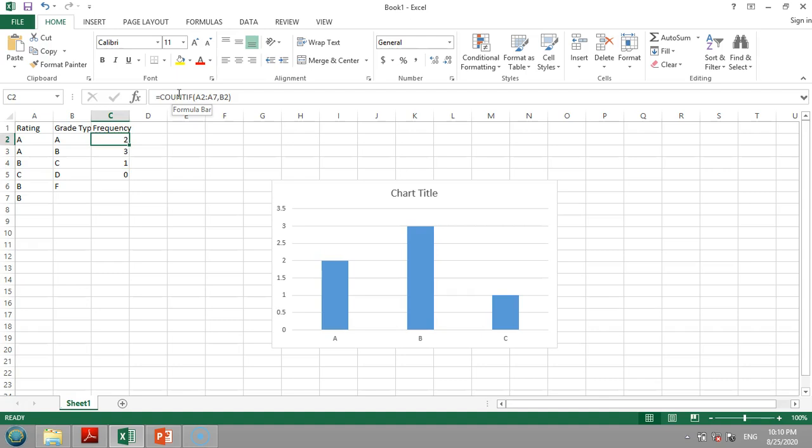But how do you see it? You type in the following: COUNTIF, so you're telling the program to count the ratings here. There's 6 of them. And you're telling it to tell you how many are A's. COUNTIF A2 to A7, comma B2. So B2 is this one, to tell you how many A's there are. This one also counts A2 to A7, but tells you how many B's there are, and so forth. What about D's and F's?